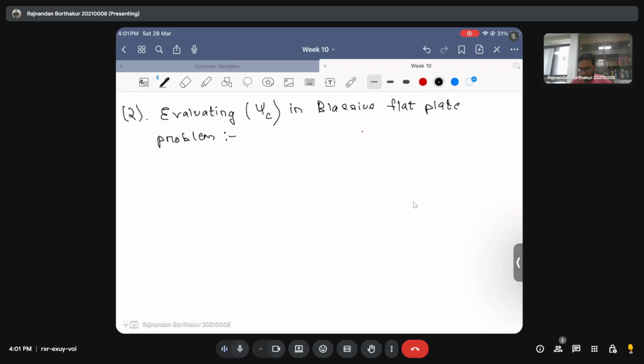Here, we know that in the Blasius solution we use the stream function approach. Then, if we use the stream function, what is the characteristic stream function in the case of a Blasius flat plate problem? That is something that we will use in this case.